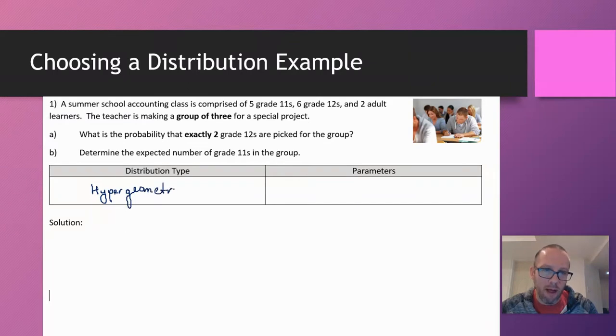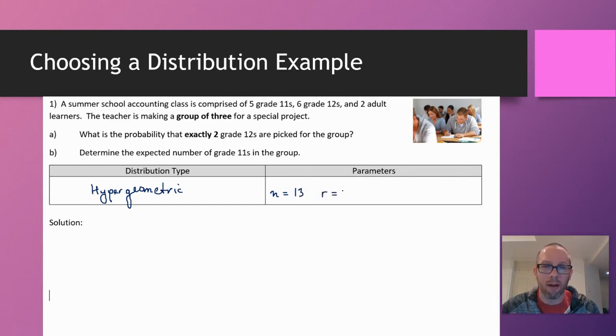So now that we know that, we can identify our parameters. So N, the number of possible people being picked. We have 5 grade 11s, 6 grade 12s, 2 adult learners. So that'd be 13. R, the number of trials.